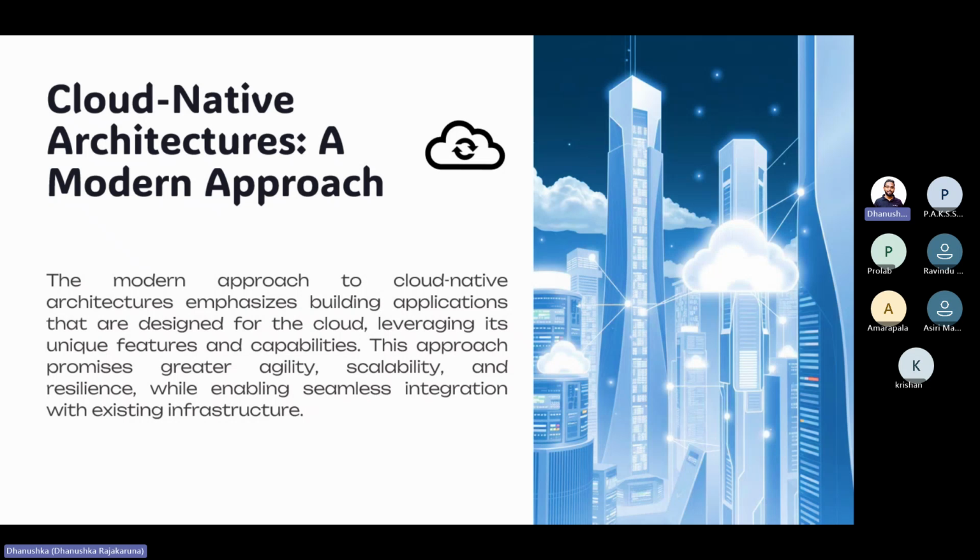Cloud native architecture refers to designing systems specifically to leverage the cloud's scalability, resilience, and flexibility. It embraces microservices, containers, and modern development practices for agile, efficient deployment and management.